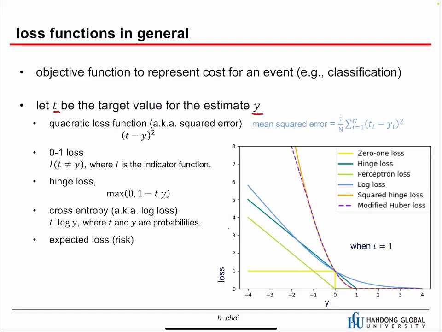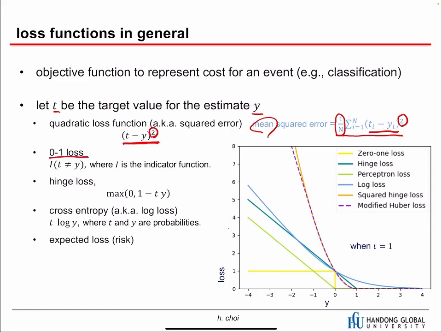The quadratic loss function is this one, also known as squared error. And the mean squared error, by the way, is this one. This comes from here. This one is an average, so it is a mean squared error. And this one is the quadratic loss function.